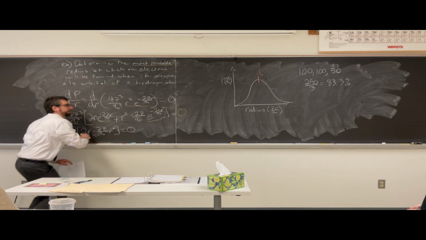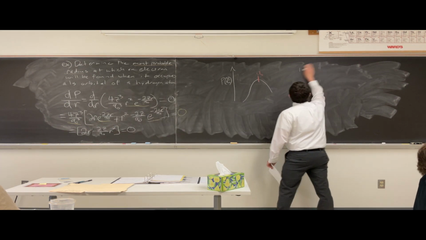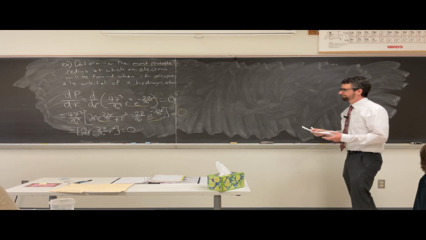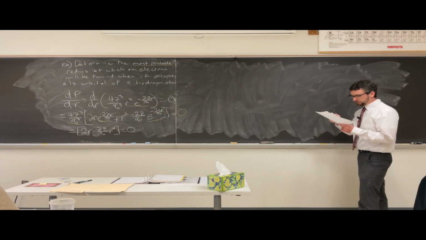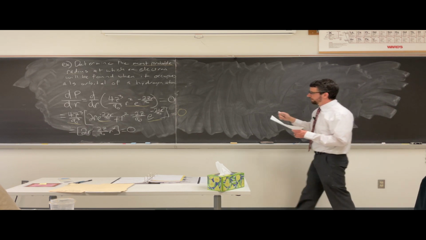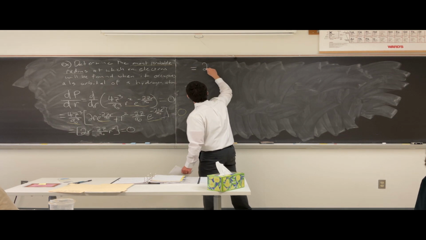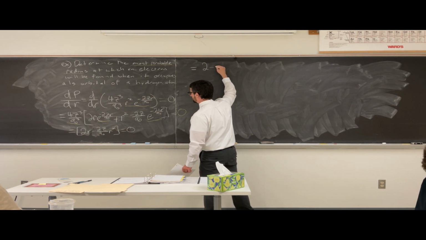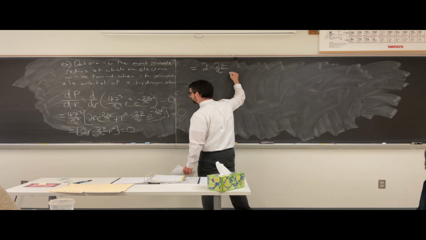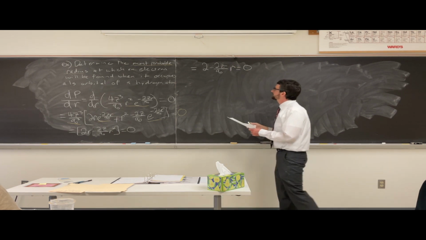What would you do from that point? I think you suggested it earlier. I'd get rid of an r. So now we're at 2 minus, what next?